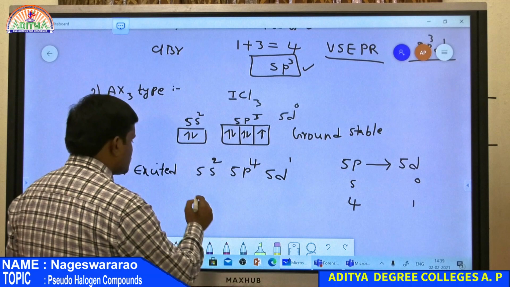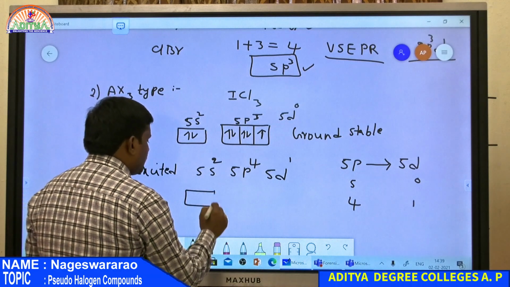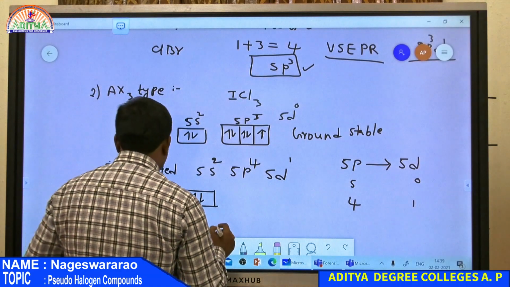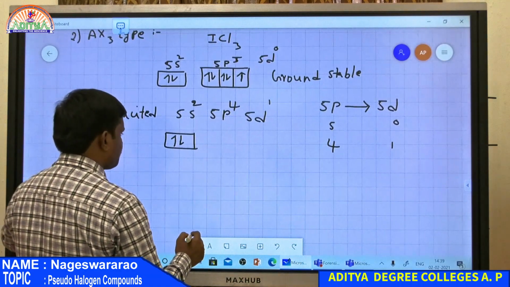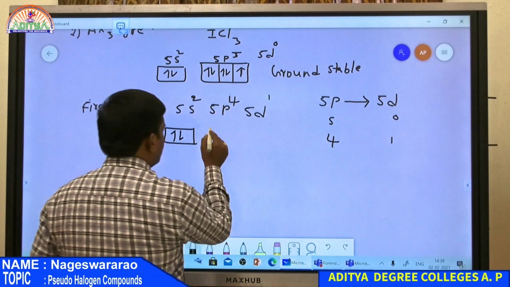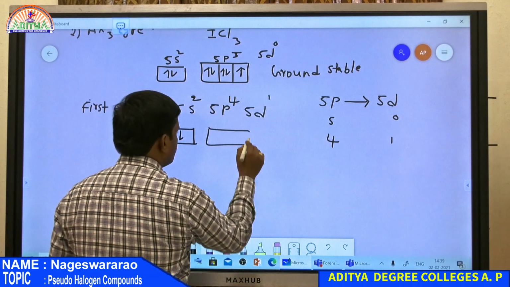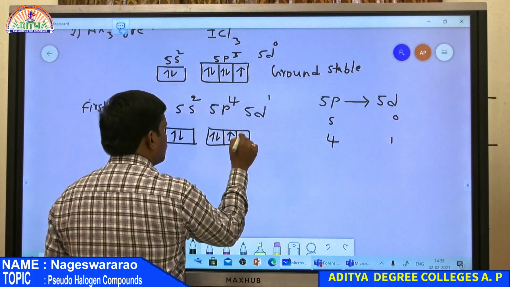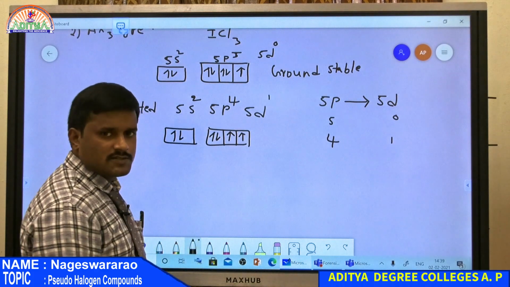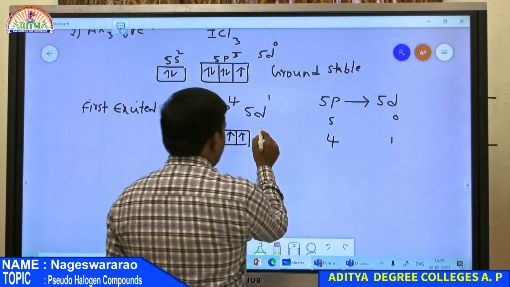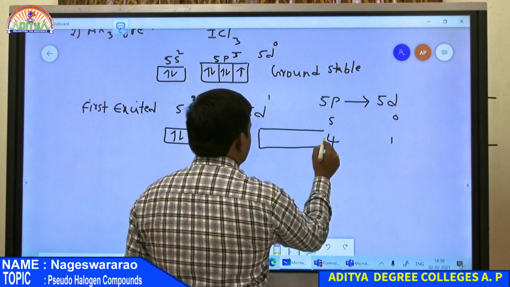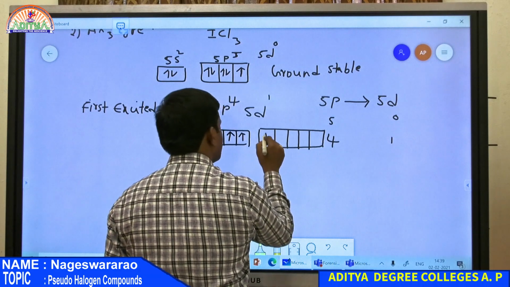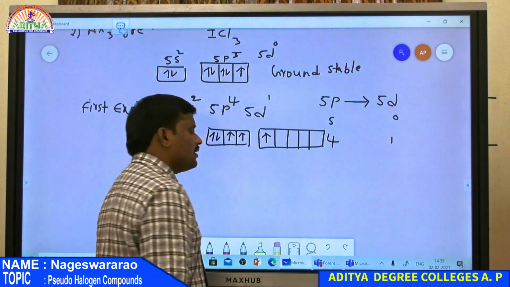Therefore, the excited electronic configuration for iodine has 2 electrons in the 5s orbital, 4 electrons in 5p, and 1 electron in 5d, and all the remaining orbitals are empty.